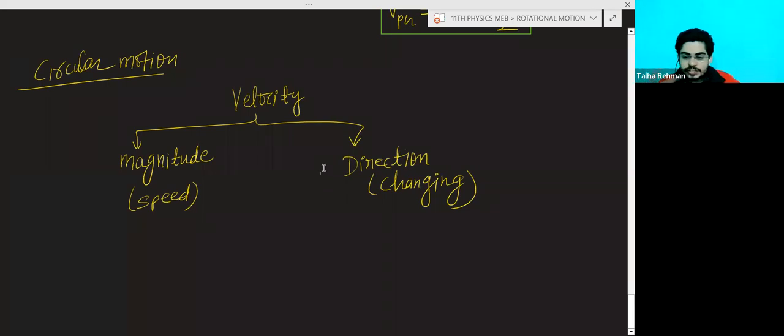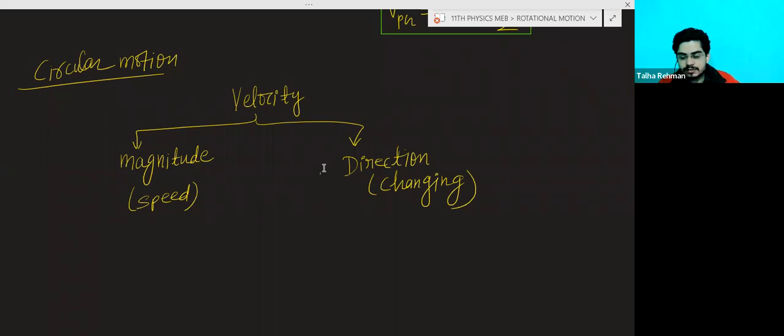It means there will be some acceleration. So that is why there is acceleration during the circular motion. Okay, and that acceleration due to change in direction is known as the centripetal acceleration.